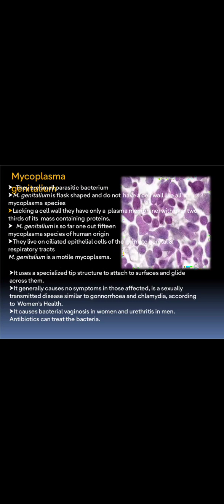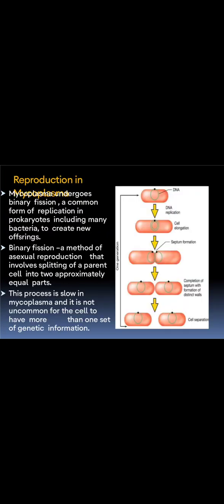It uses a specialized tip structure to attach itself to the surface, and it will glide across them. Generally it causes no symptoms, but it is a sexually transmitted disease similar to gonorrhea and chlamydia according to Women's Health, and it causes bacterial vaginosis in women and urethritis in men. With the help of antibiotics you can treat this particular bacteria.